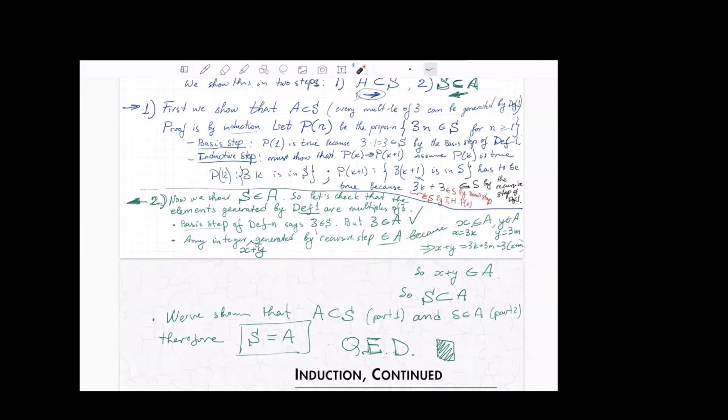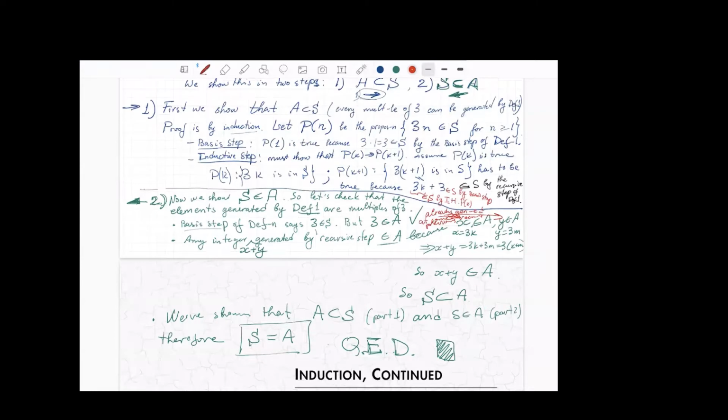No, we're proving. We get to assume that X is a multiple of 3. Is my voice coming through? What we get to assume is that anything generated by the recursive step is going to be in S, in A. So if I already have elements, these guys already generated at some previous recursive step, we get to assume these are elements both in S and A, really, right?